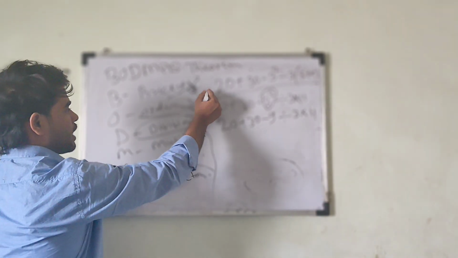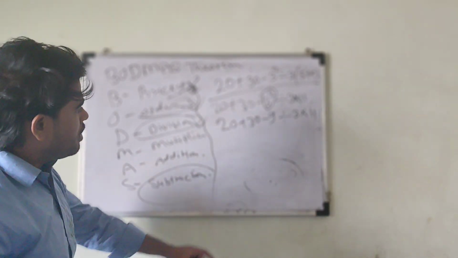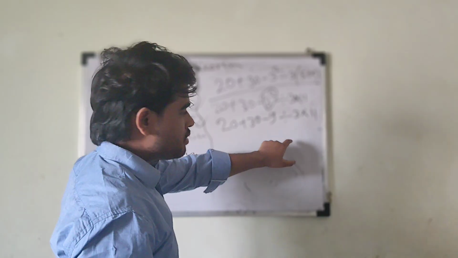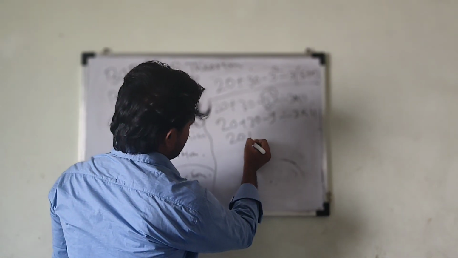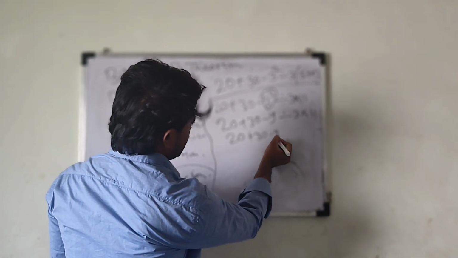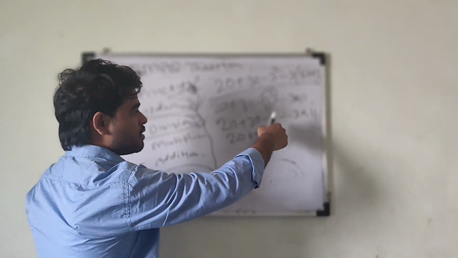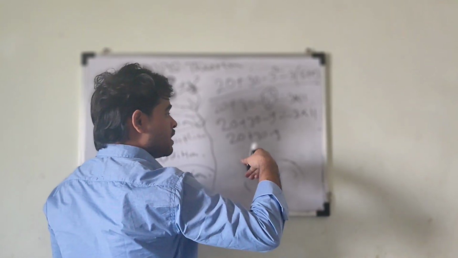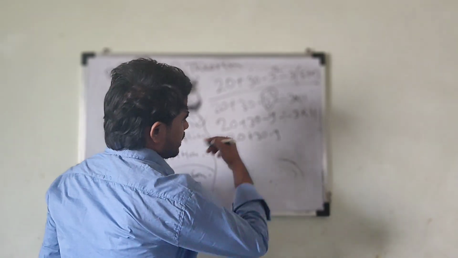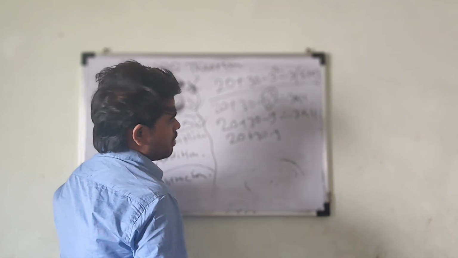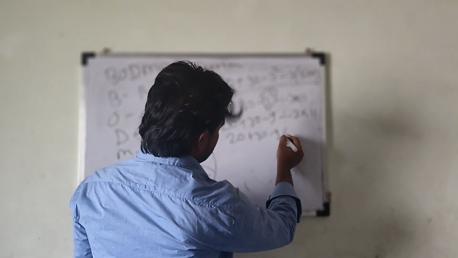Now we apply the third rule. First and second we have solved, and third we have to solve division. So 20 plus 30 minus 9, division 11. We can change the division sign into multiplication.